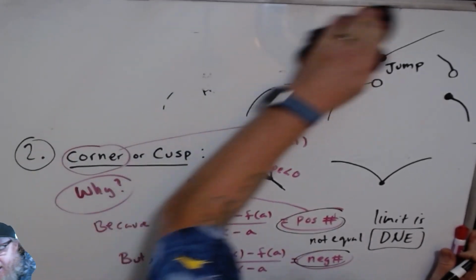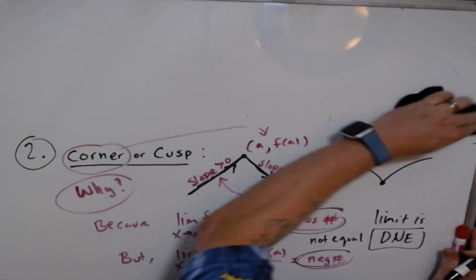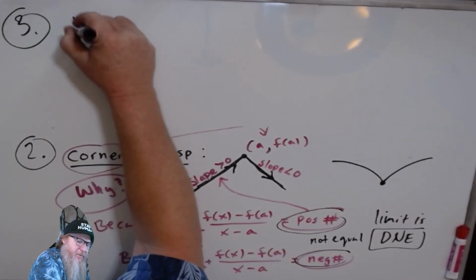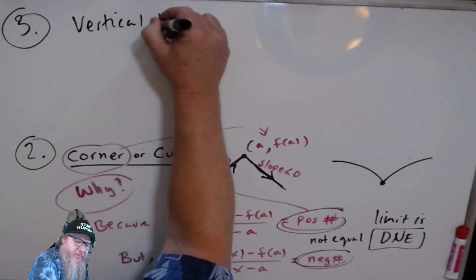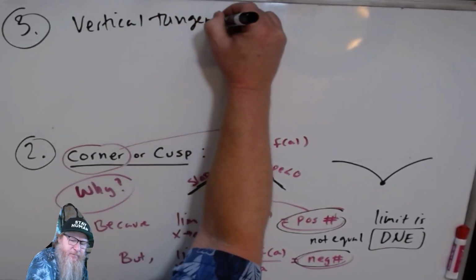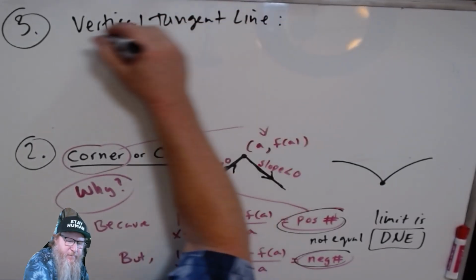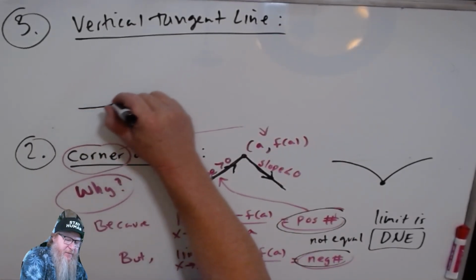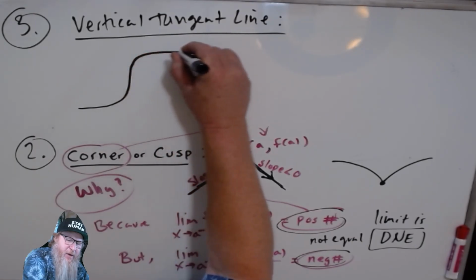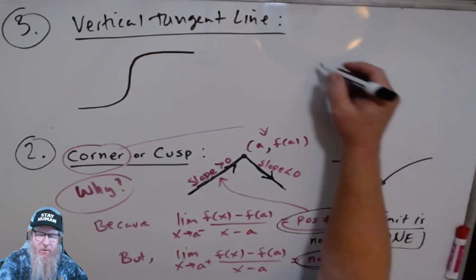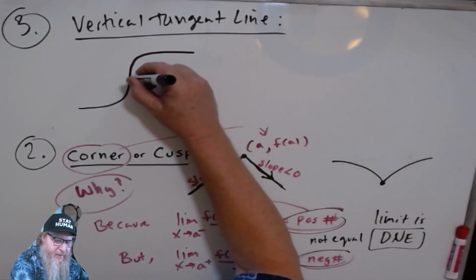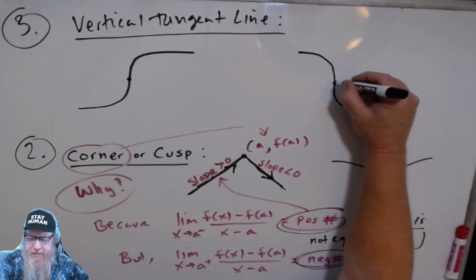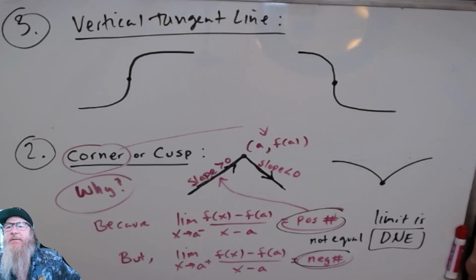The third type of non-differentiability is called a vertical tangent line. There's really only two ways that this happens. If you have this sort of S-shaped graph like that, or the reverse of that. That's about the only time this happens.